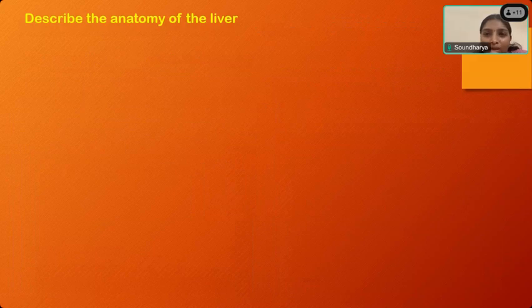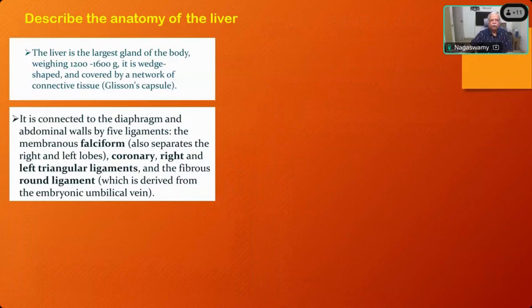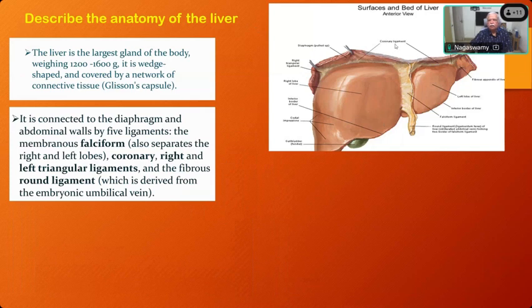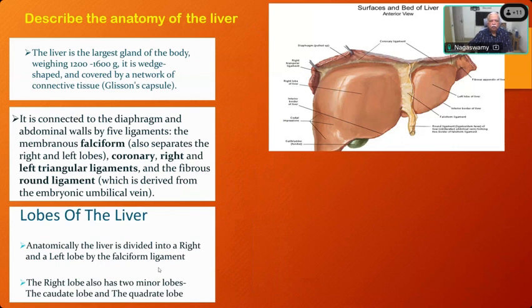So, very good. The right lobe is segments 5, 6, 7, 8. It has an anterior large right lobe and a small left lobe, and the right lobe has two minor lobes, what is called the caudate lobe and the quadrate lobe.